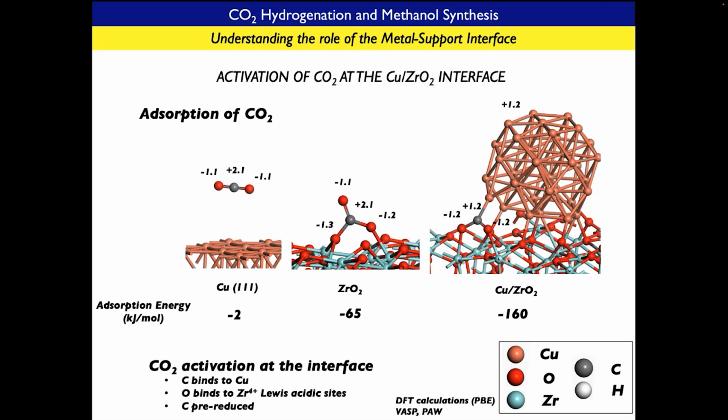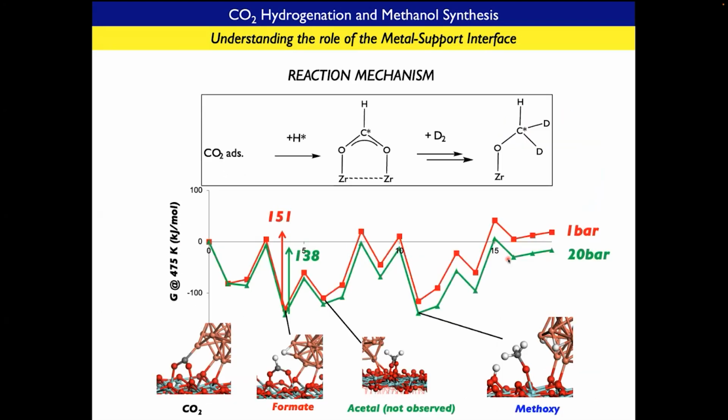So it was interesting to see that this copper zirconia interface is a nice place to activate CO2. In fact, across many possible activation pathways, the interface is very favorable to activate CO2, and then you can cleave H2 on copper, and H2 spills over to the CO2 to generate formate, formaldehyde, and methoxide.